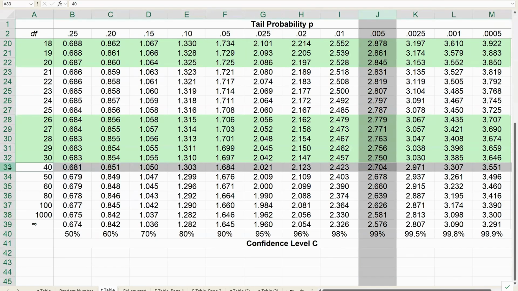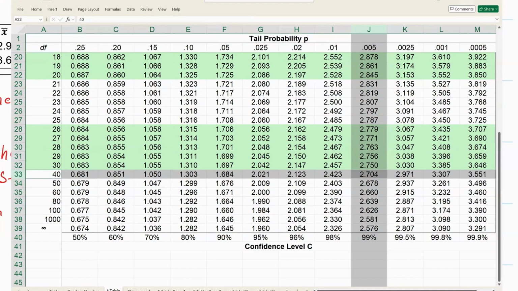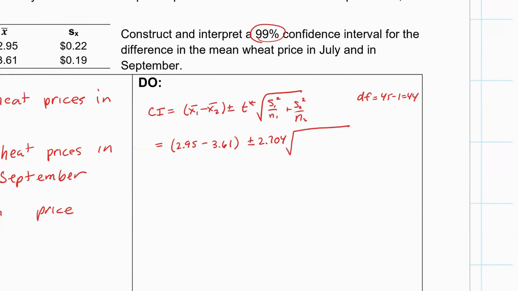We're going to go with 2.704 for our T star value. 2.704 times the square root of 0.22 squared over 90 plus 0.19 squared over 45.